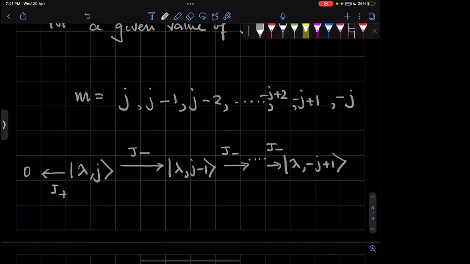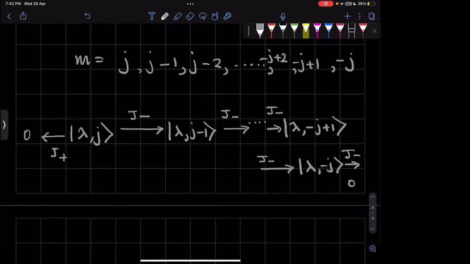If I apply another J minus to it, I get lambda of minus j, and another J minus gives me 0. Now, if I take this lowest weight state and apply J plus to it, then I get to this one, so J plus takes me this way.